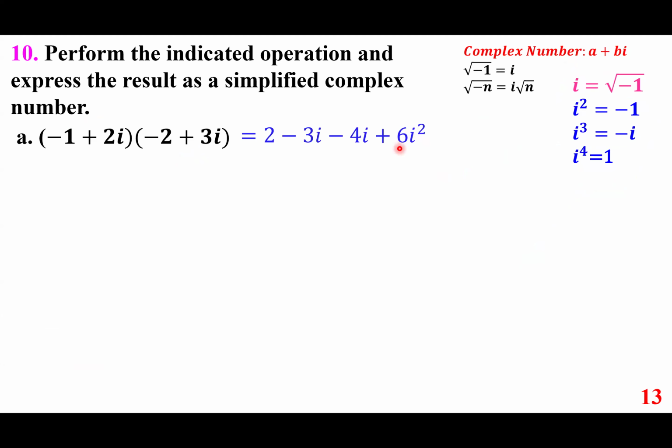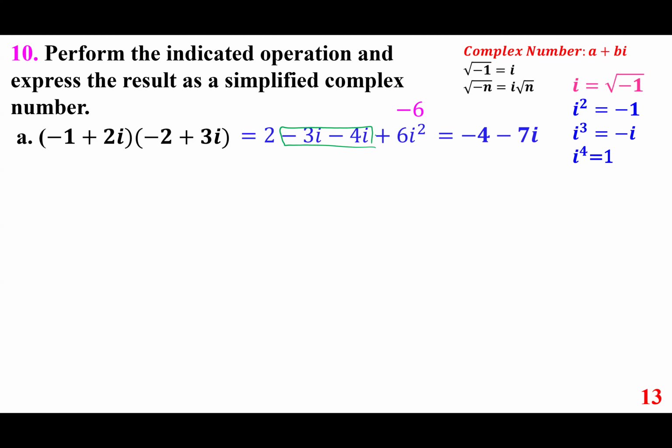I squared is -1, plus 6 times -1 gives you -6. So now you simply add up the like terms, which means 2 and -6 add up to -4. -3i and -4i add up to -7i.